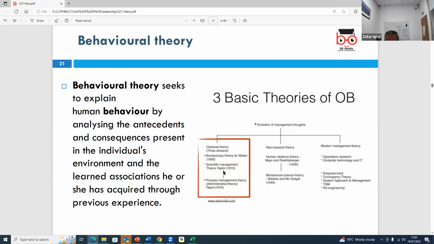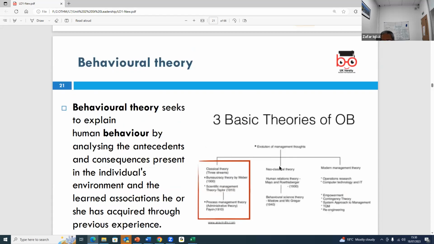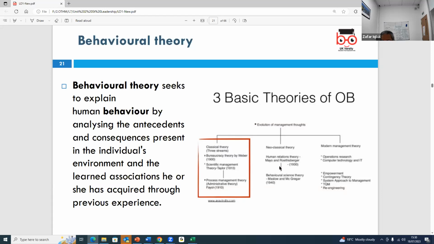So the earlier classical theories looked at bureaucracy, scientific management, and process management theories. Then they developed into neoclassical theories, which look at the human relations approach, such as the Elton Mayo studies, for example, and behavioral scientific theories by Maslow and McGregor.